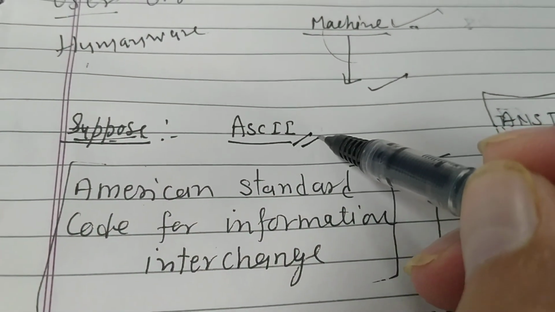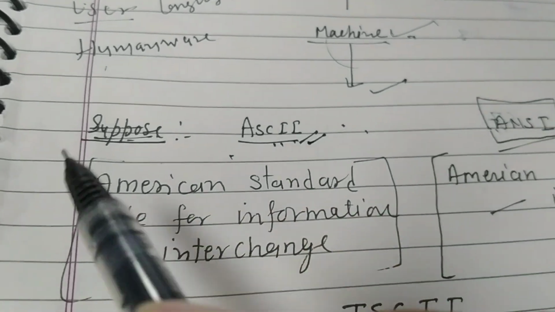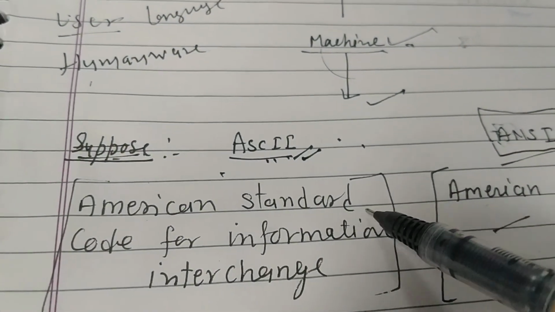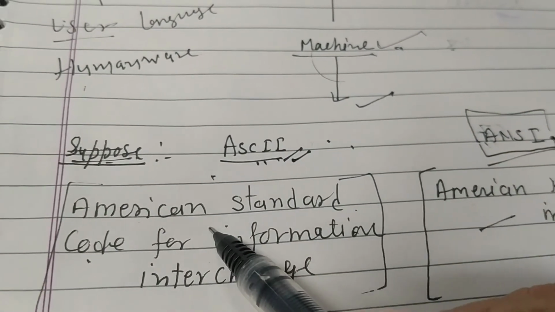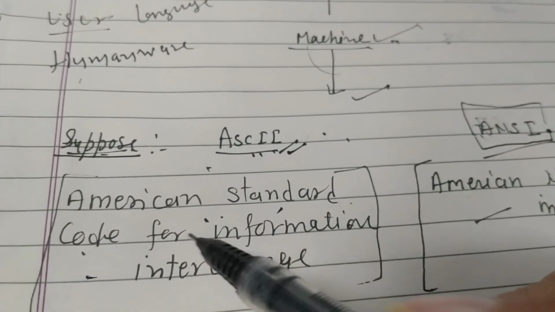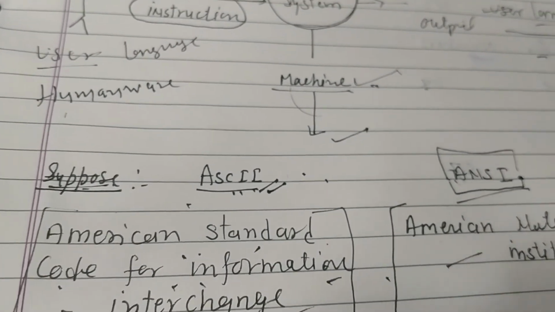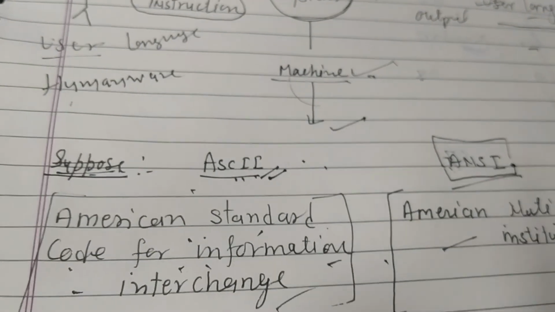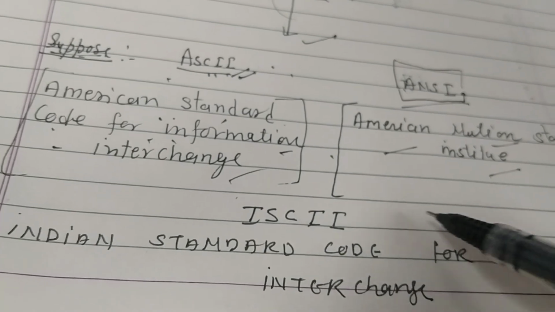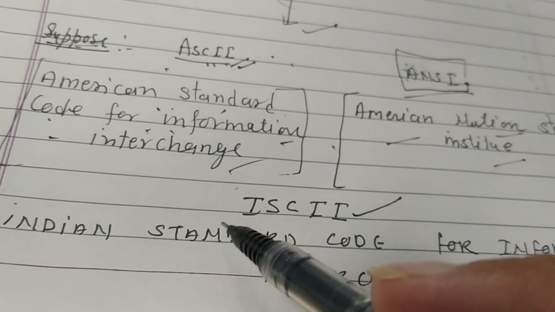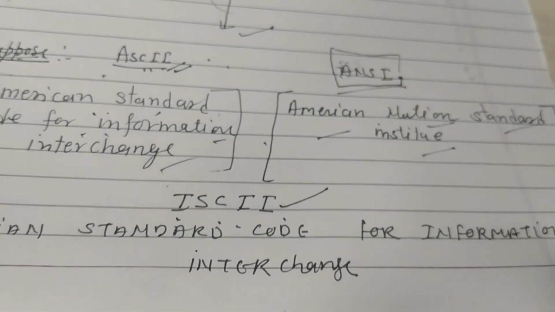Which code? ASCII. The full form of ASCII is American Standard Code for Information Interchange. Like Americans, we Indians also developed a code, called ISCII, Indian Standard Code for Information Interchange.